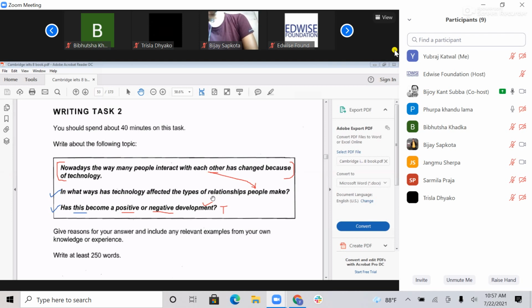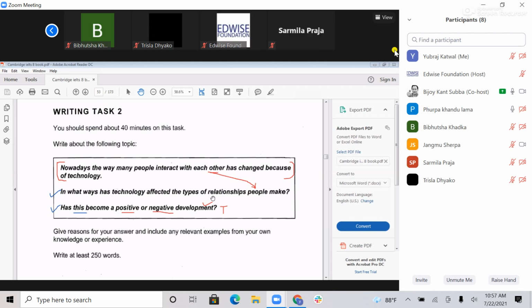Maybe someone wants to write two positive effects. Maybe someone wants to write two negative effects. Maybe you would like to write one positive and one negative effect of technology. Body one. And in body two, you could write whether it's been a positive or a negative development.